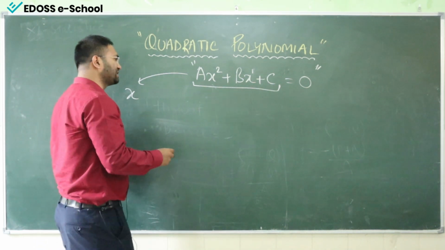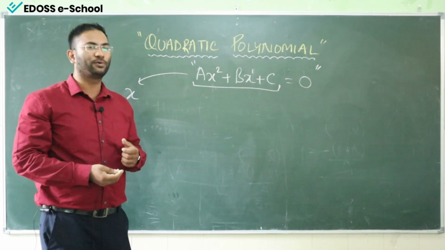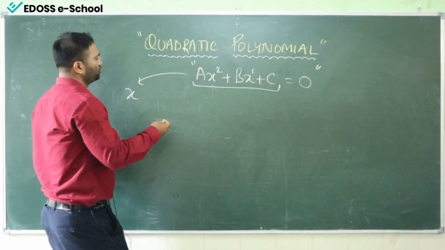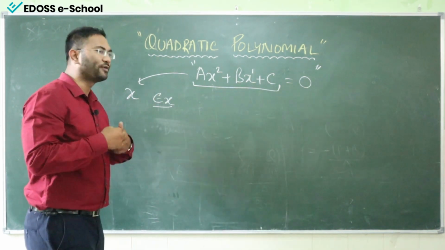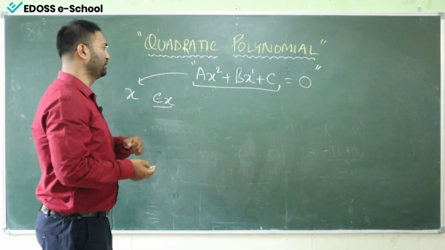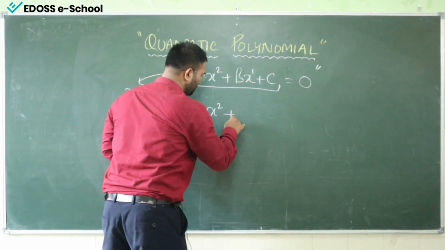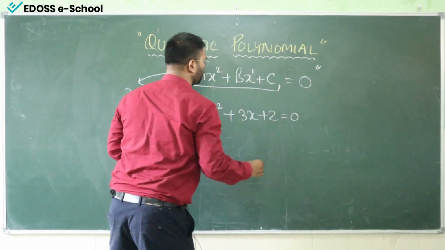Factorization itself is a very big concept, but splitting the middle term of this particular polynomial is the easiest one which we have. So let's take an example of a quadratic and understand how to find the value of x, the variable of the polynomial. Let's say we have x square plus 3x plus 2 equals 0.